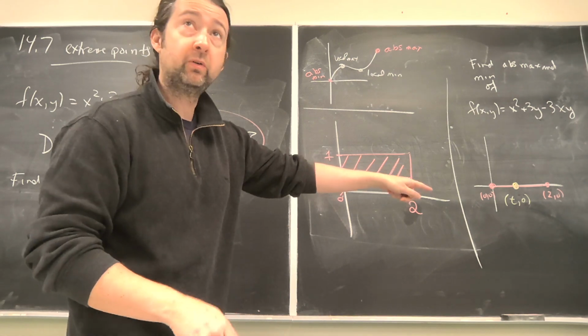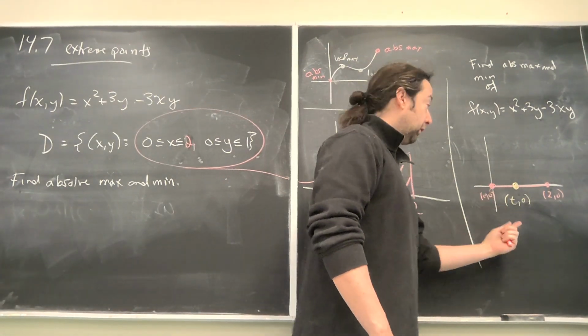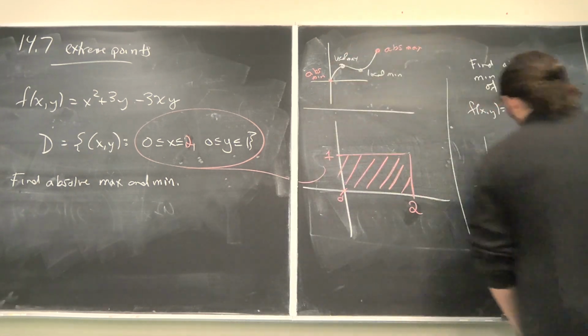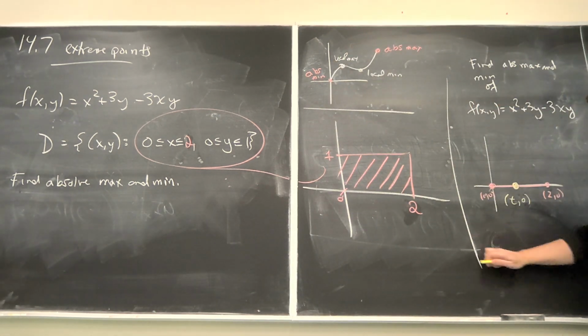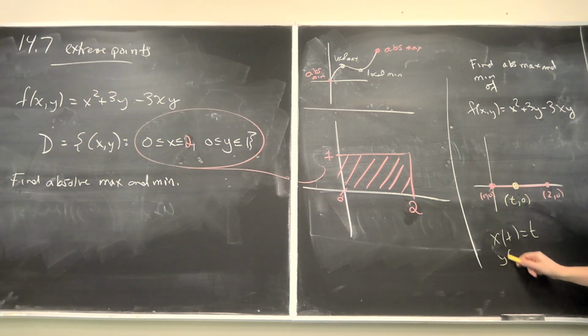I'm going to write a parametric description of the curve, which replaces this two variable thing with a one variable parameterization. So this curve can be thought of as x of t is equal to t and y of t is equal to 0, with t between 0 and 2.